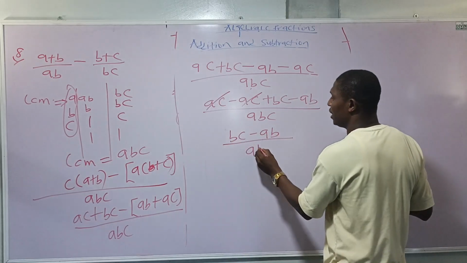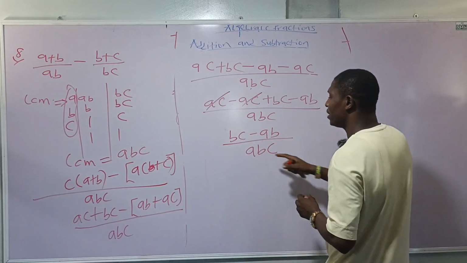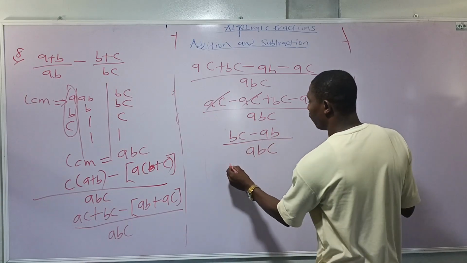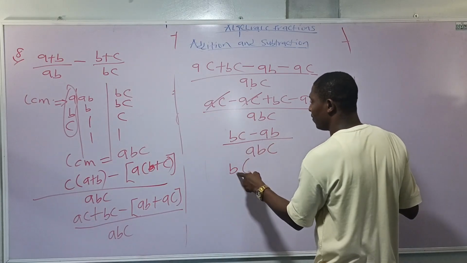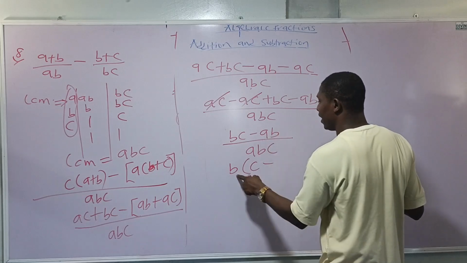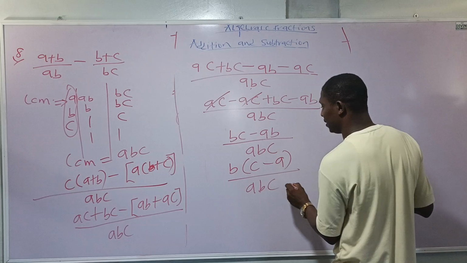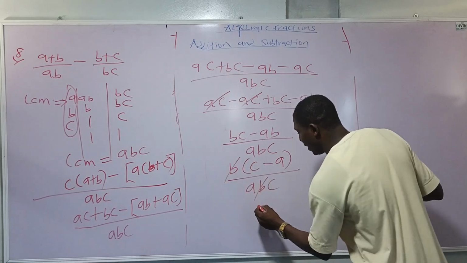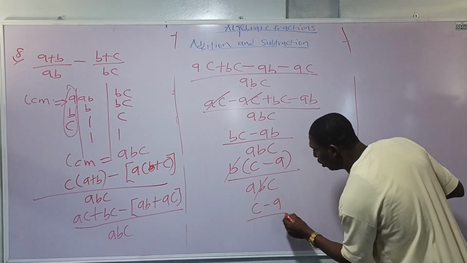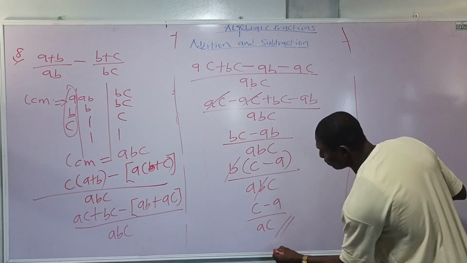All over ABC. Now you can see that B is common. I'll factor out my B. BC divided by B will give me C. AB divided by B will give me what? A. All over ABC. And B can cancel B, and my final answer is C minus A all over AC.